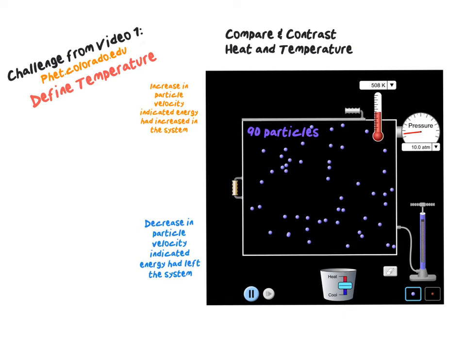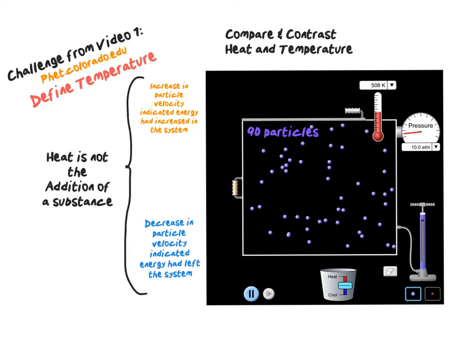So I'm not physically adding a substance in the form of heat to the system. More so, I'm transferring some kind of energy. And it's not a physical addition of something that has mass to the system.